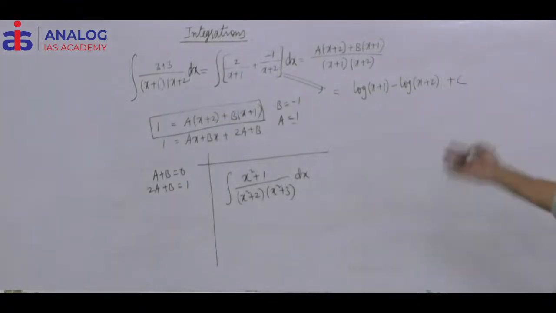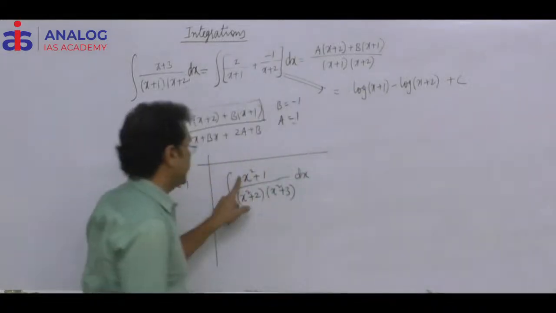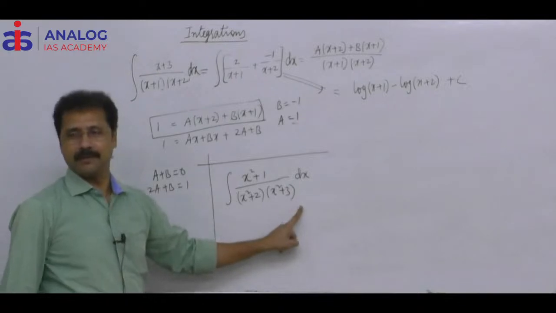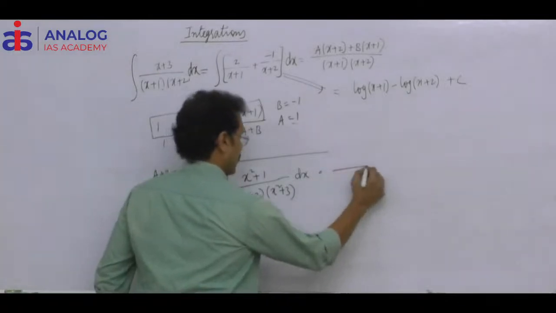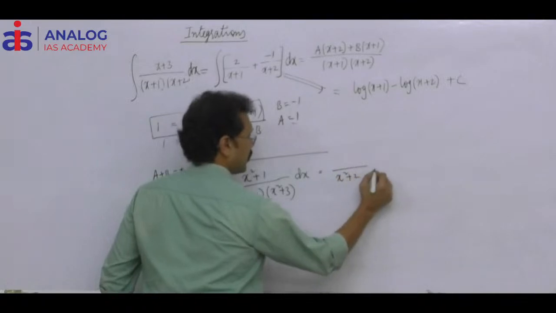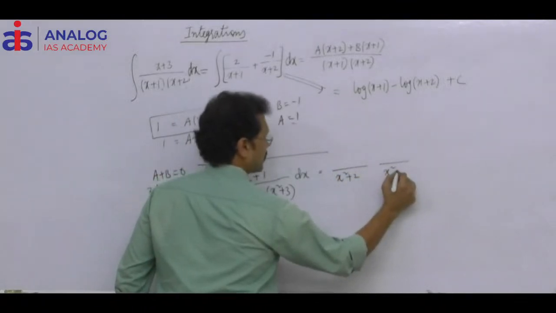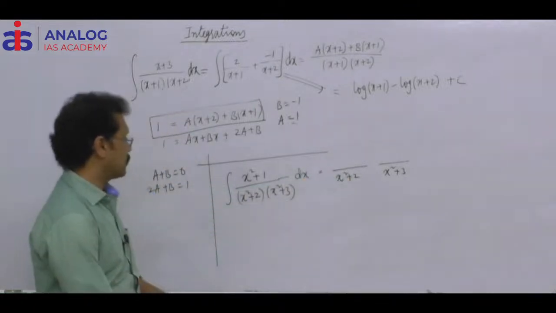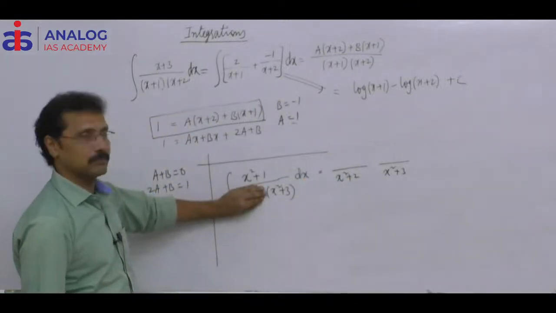Same thing. We are least bothered what that x square is. It looks like t plus 1 by t plus 2 into t plus 3. That's it. So here x square plus 2, here x square plus 3. In order to find the numerator of x square plus 2, put x square equal to minus 2.